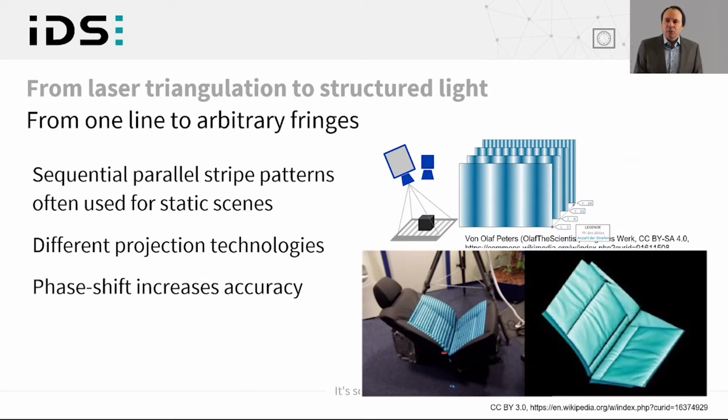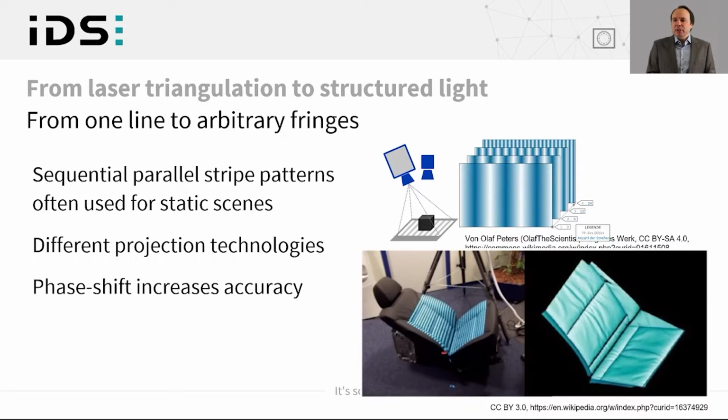Now, we've also already mentioned the structured light approach. Here, this technology is a bit more complex than the laser line triangulation, but essentially you only go from projecting one laser line onto the object to projecting, for example, many lines at once. And then you also triangulate to find out what the distance is along each of these lines.